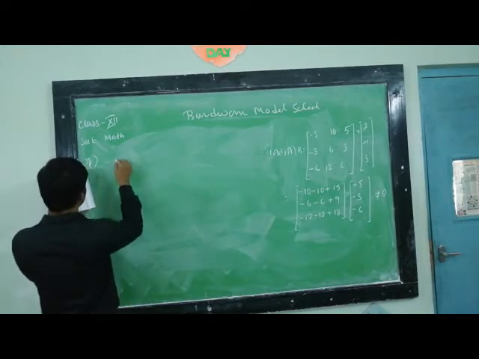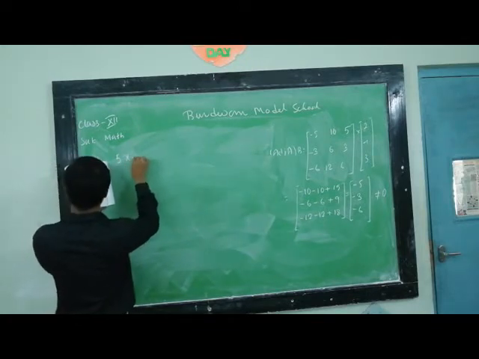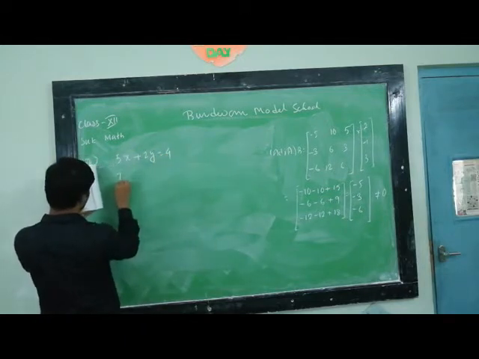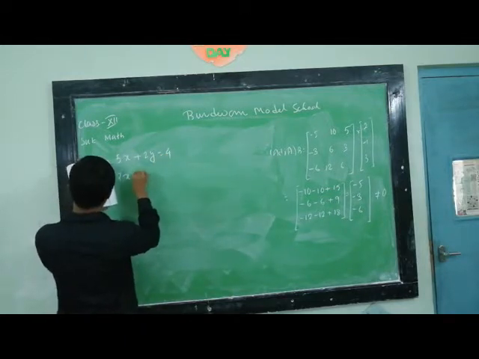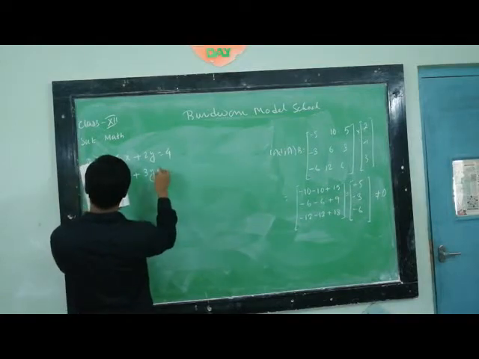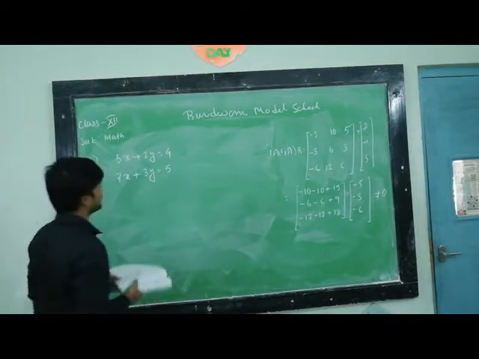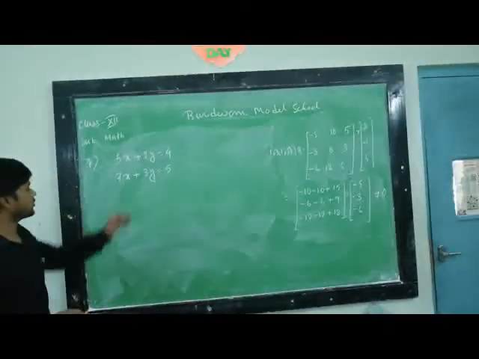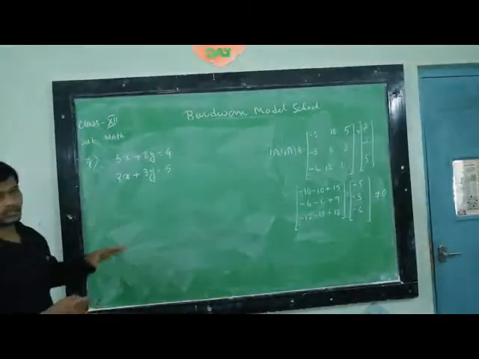In question number 7, the given equations are 5x plus 2y is equal to 4, 7x plus 3y is equal to 5. We have to calculate the solution of the equations. So first represent the given pair of equations in matrix form.